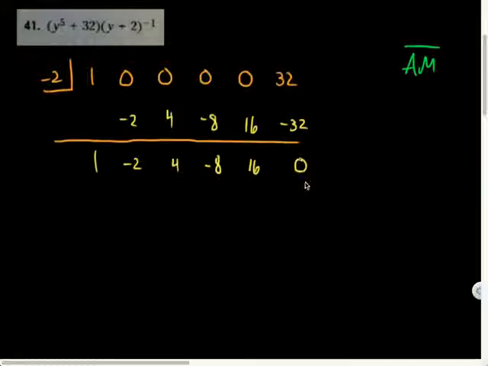So let's now translate this. This 0, what does that tell me? That there's no remainder. So that means 16 is my constant. -8 is my linear term, so that's -8y. I'm usually always tempted to throw x's in there myself, but really those are y's. 4y squared will be my quadratic term. -2 would be my cubic term, so y cubed.